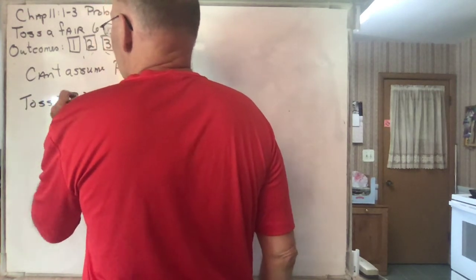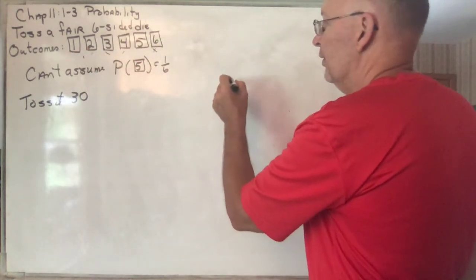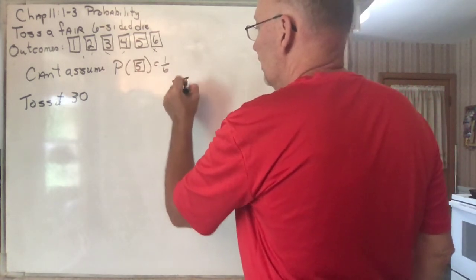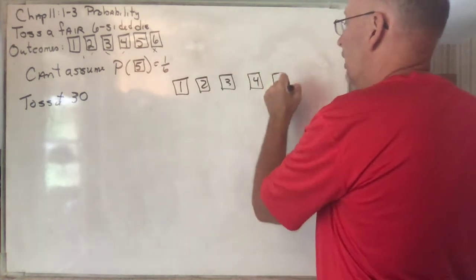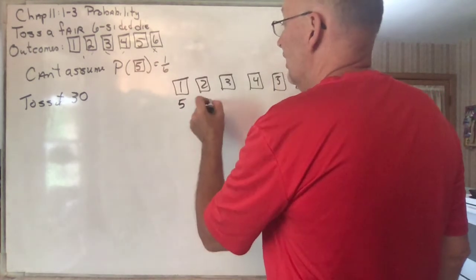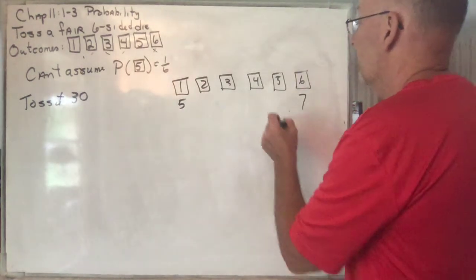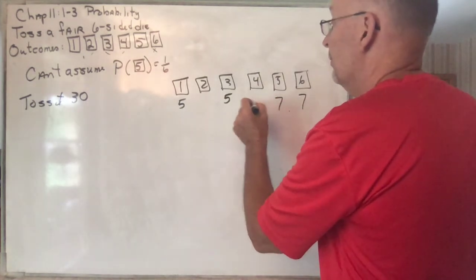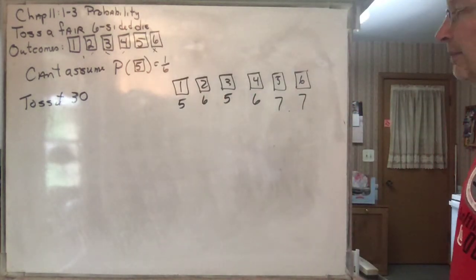We'll toss it 30 times, and then whatever the ratio is, if we end up getting, okay, we toss it 30 times, and so here's your 1, 2, 3, 4, 5, and 6, and maybe you got 5 here, maybe you got 7 here, maybe you got 7 here, maybe you got 5 here, maybe you got 6 here and 6 there, just as an example, okay? So maybe that's what happened.